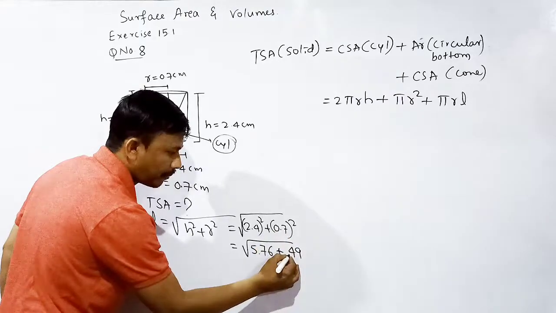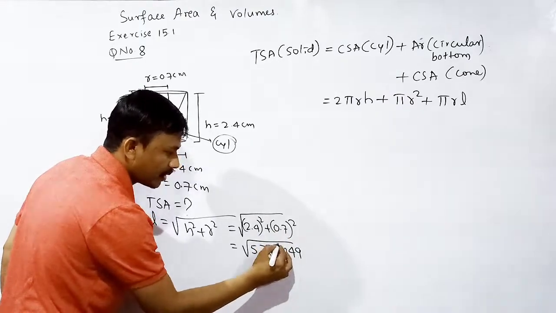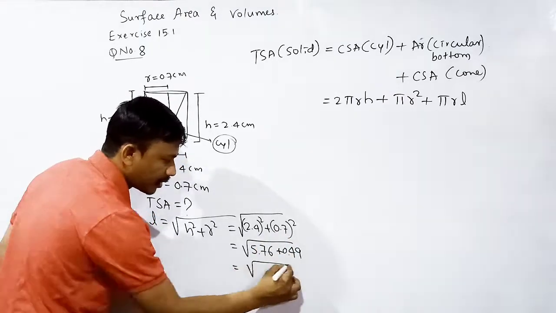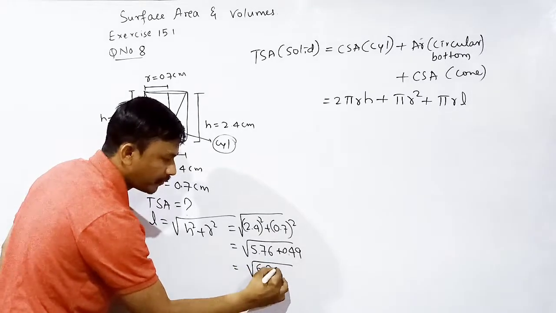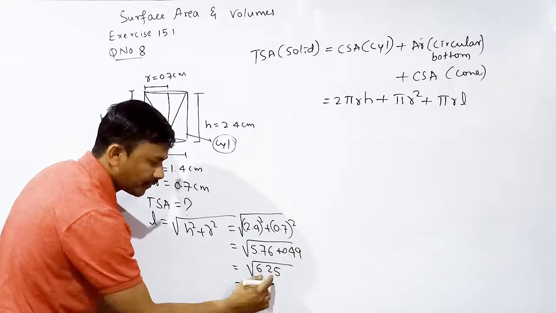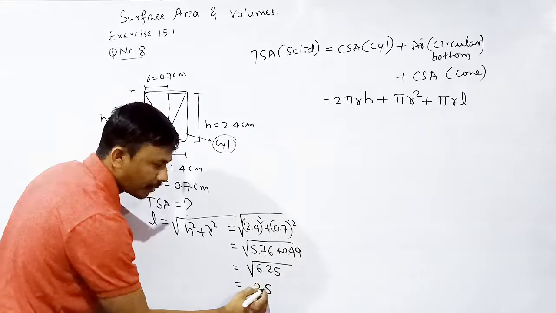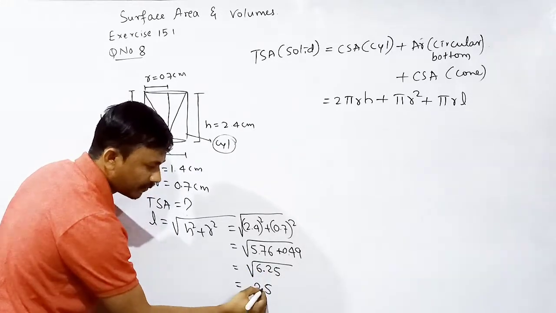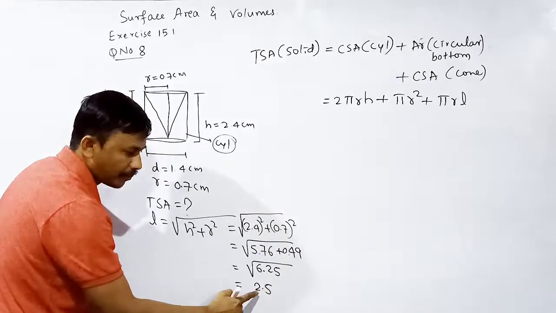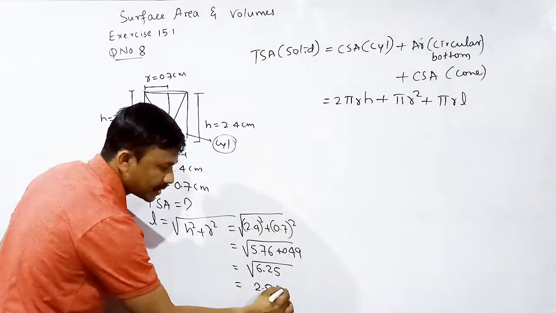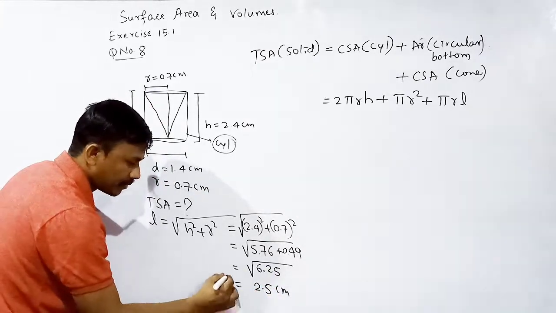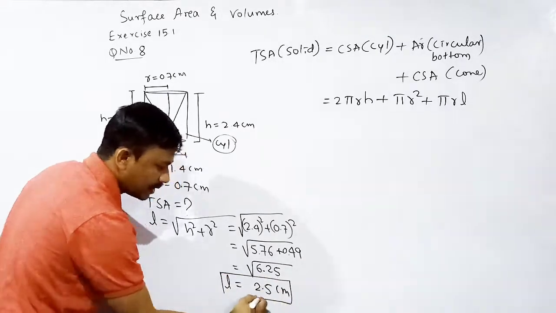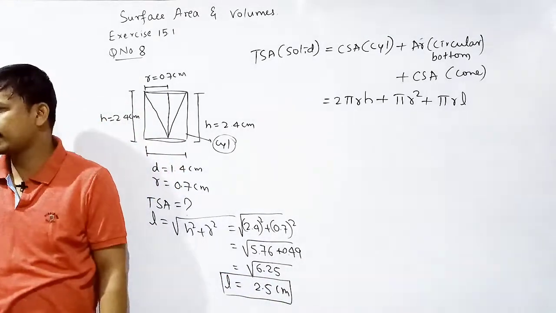Point of single number, point of double number. Adding them, under root of 6.25. This is equal to 625 root value 2.5. Before root, after the point 2 numbers. After root value, after the point only one number, that is 2.5 centimeter. What is this? Slant height L is equal to 2.5 centimeter.